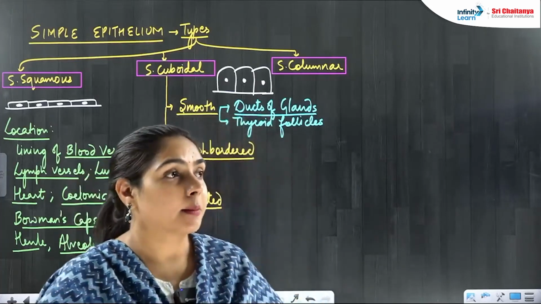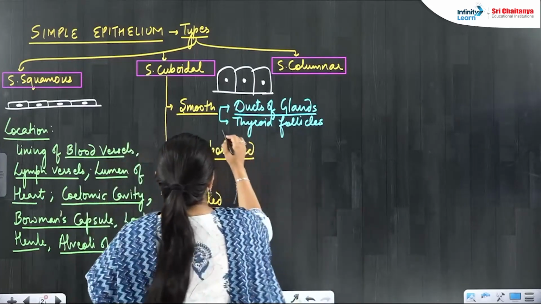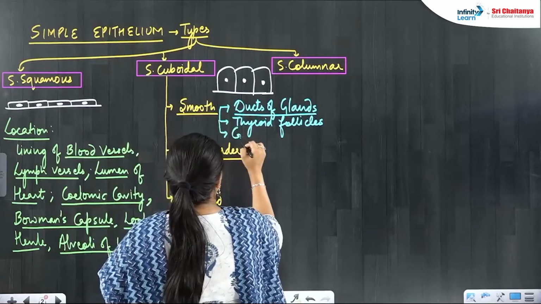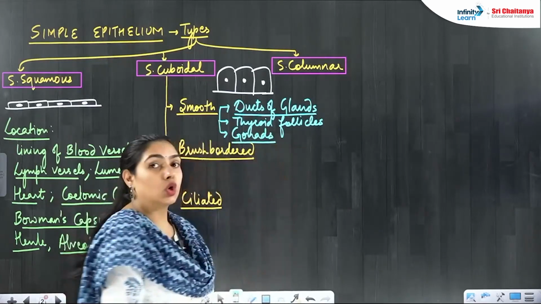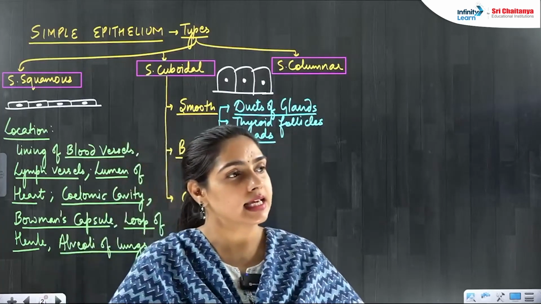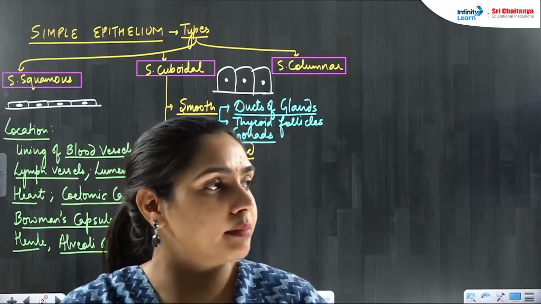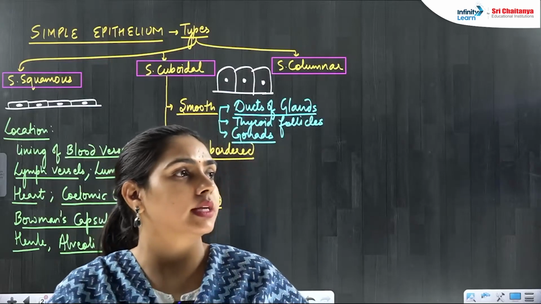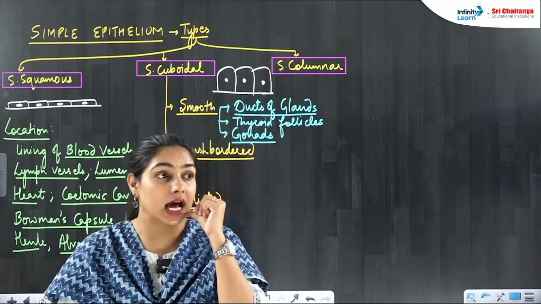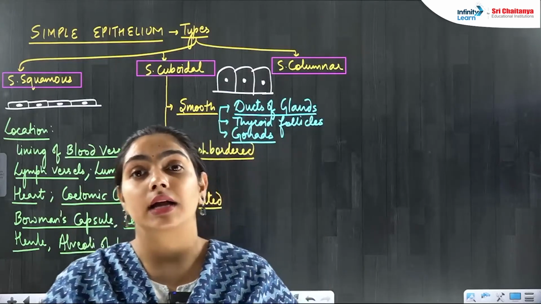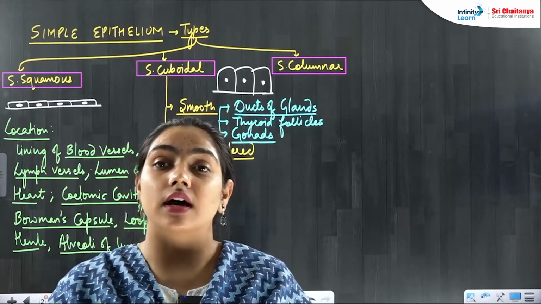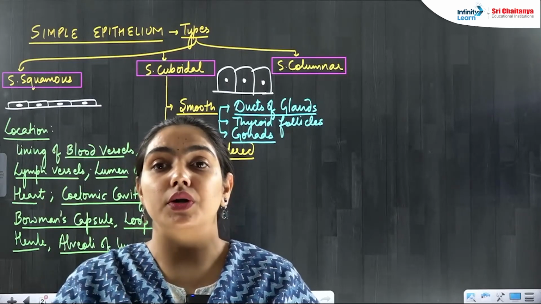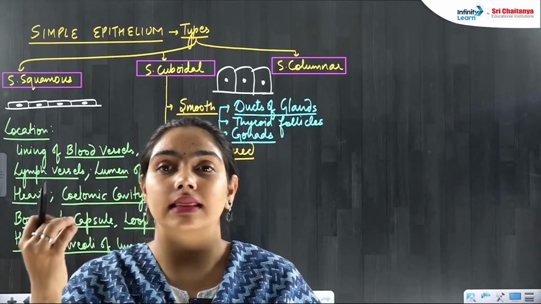Then gonads, very important example. What are gonads? Yes, Maleshwar Rao, what is your doubt beta? So gonads, beta, are those organs which produce the germ cells, the ovum and the sperm.